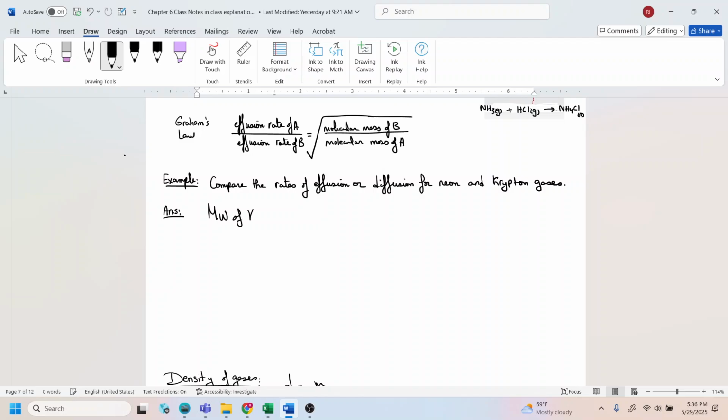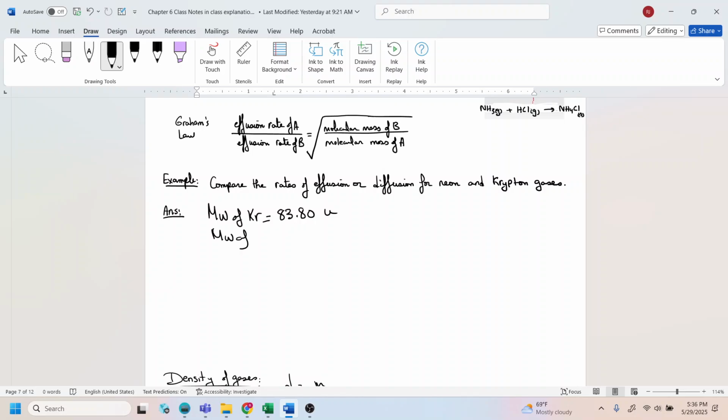The molecular weight of krypton is 83.80 atomic mass units. You can also say grams per mole, it's not a big deal, but I'm just going to keep it as atomic mass units.